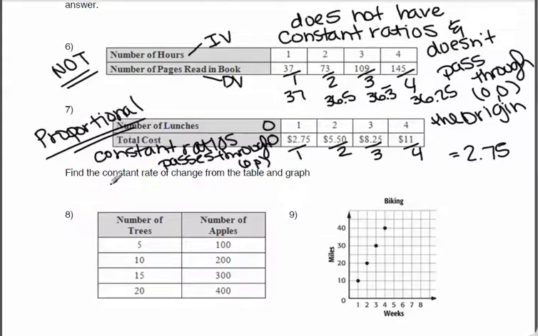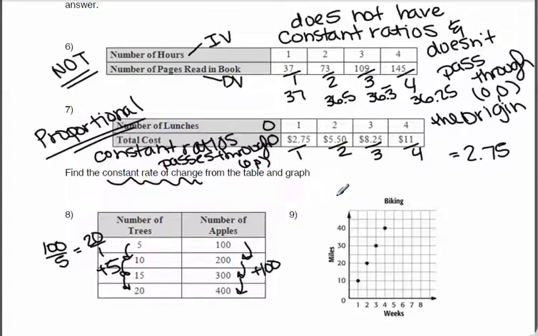On 8 and 9, they want us to find the constant rate of change. So each and every one of these is increasing by 100, while the number of trees is increasing by 5. That means that there are 100 apples on every 5 trees. So how many is that for one tree? If we look at that, it would be 20 over 1. Okay, so 20 apples on one tree.